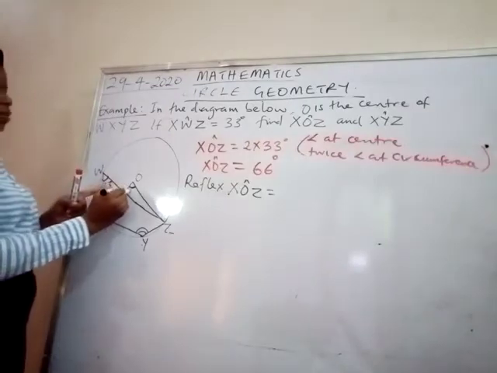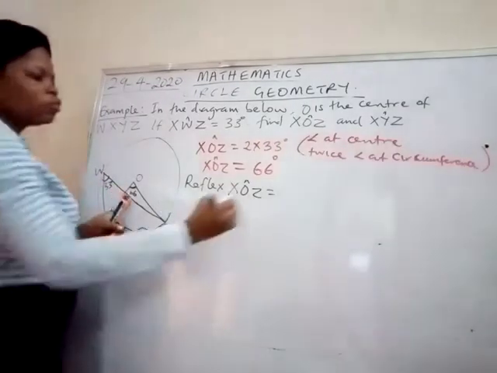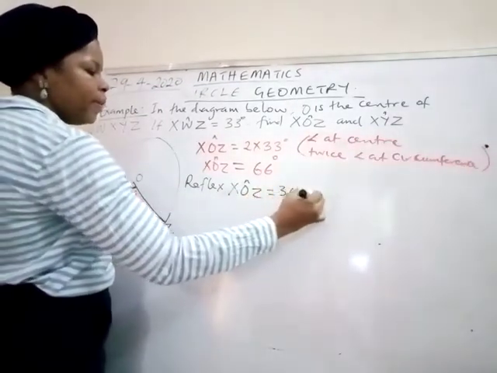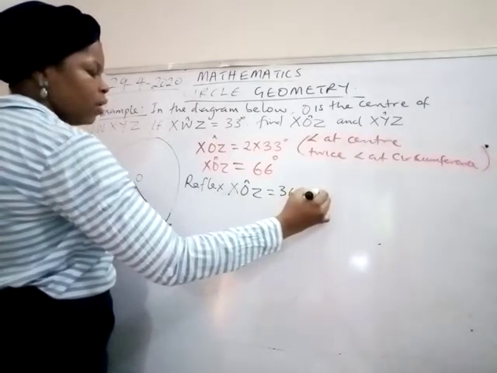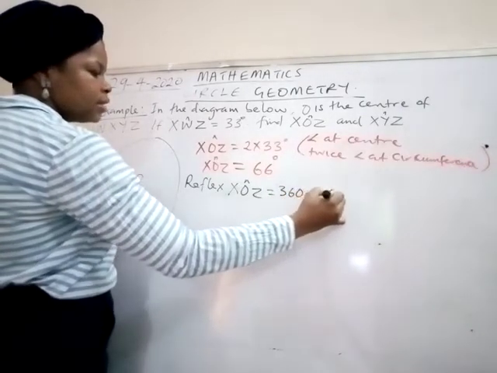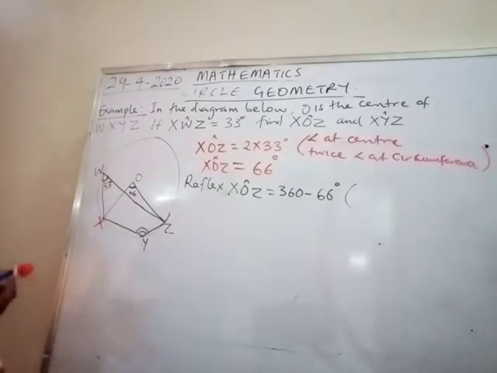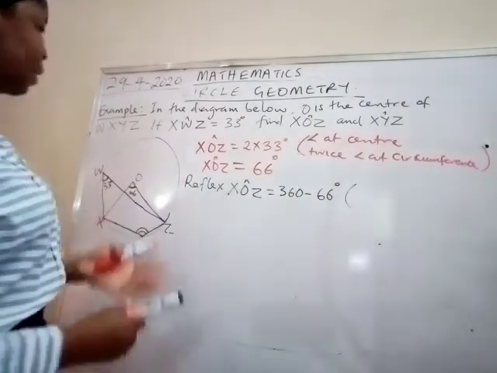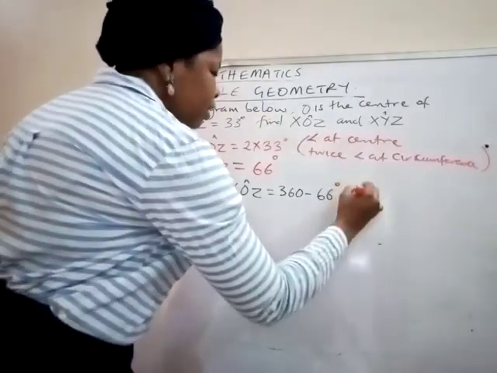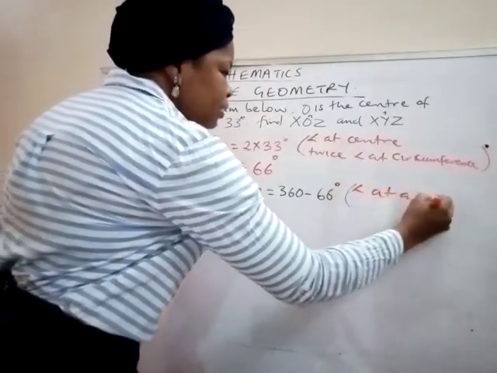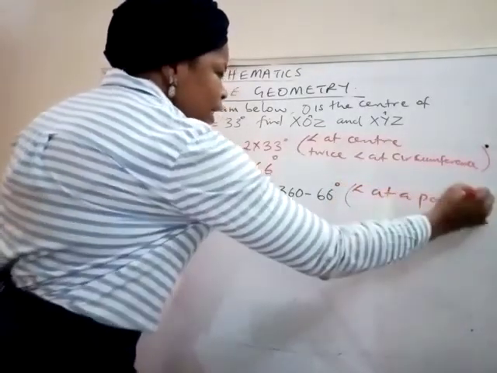Because I know this place to be 66 now, it's going to be 360 degrees minus 66. And what is the reason? The reason is angle at a point is 360 degrees. That's the reason.